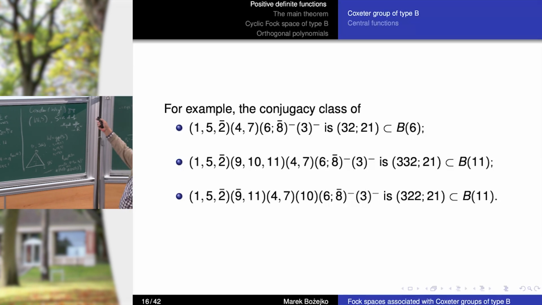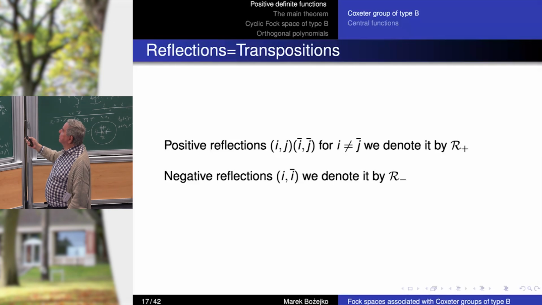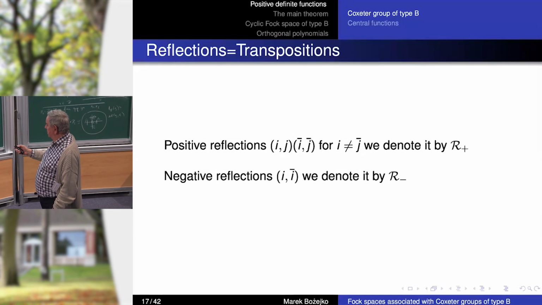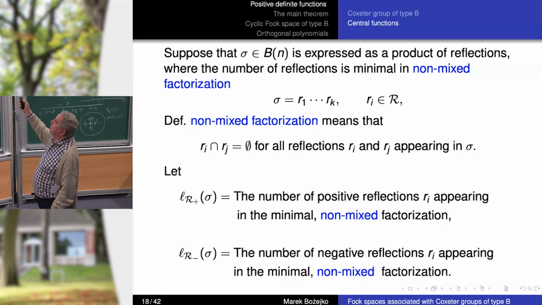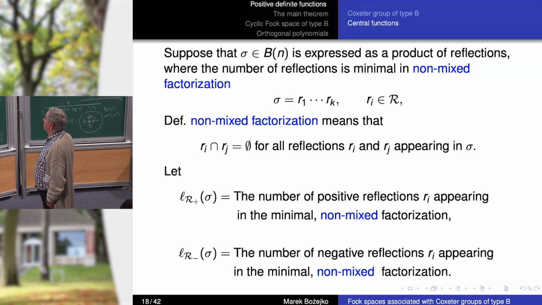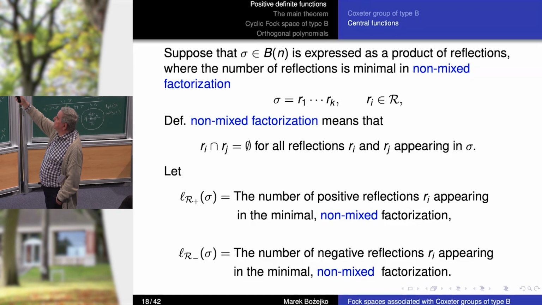So this is an example. You can follow positive reflection and negative reflection. And of course now we distinguish the number of positive reflections and the number of negative reflections in the word sigma.